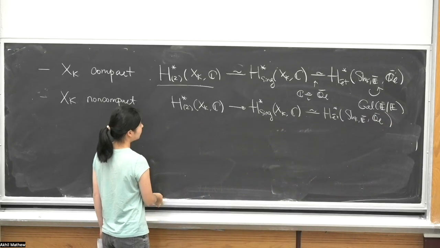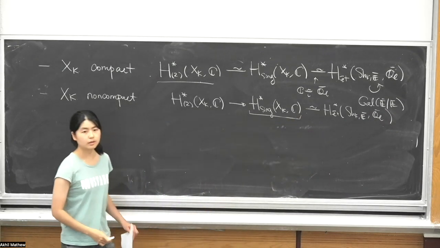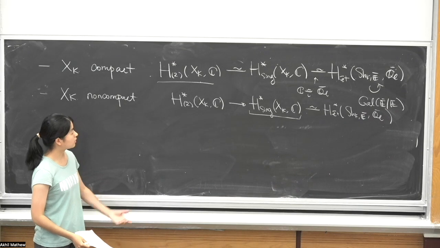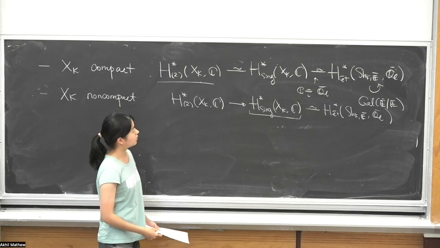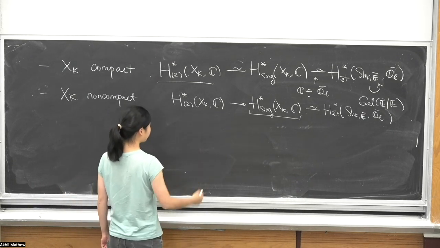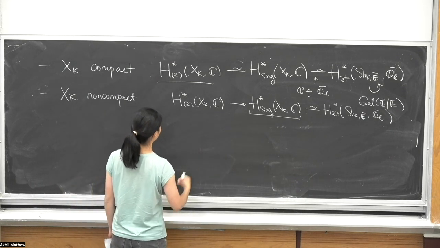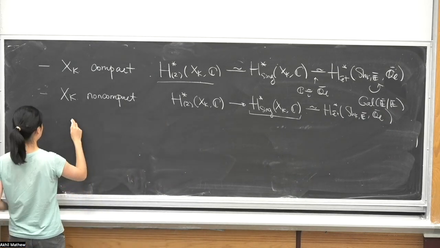On the other hand, the singular cohomology group is not that easily related to automorphic representations, even though one can do this, and this is a result of Franke, but the result is much more complicated. So this is where the intersection cohomology comes in.